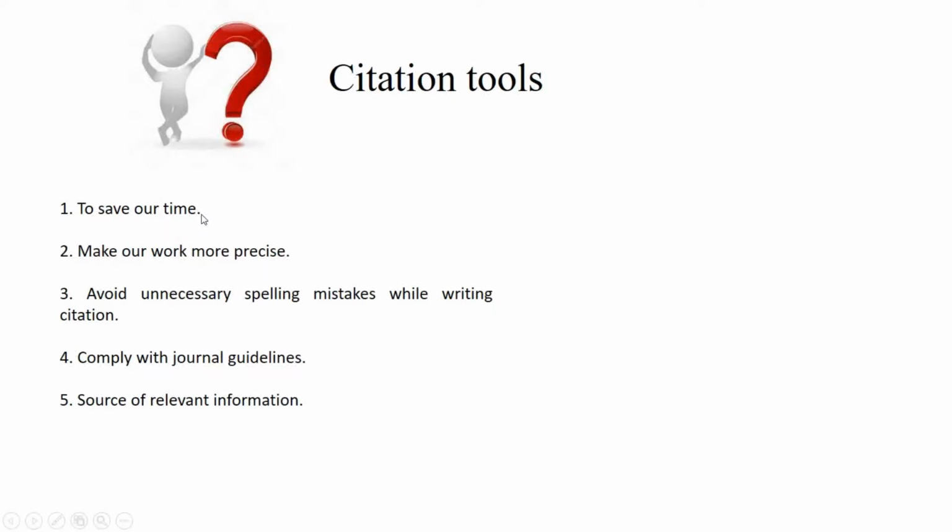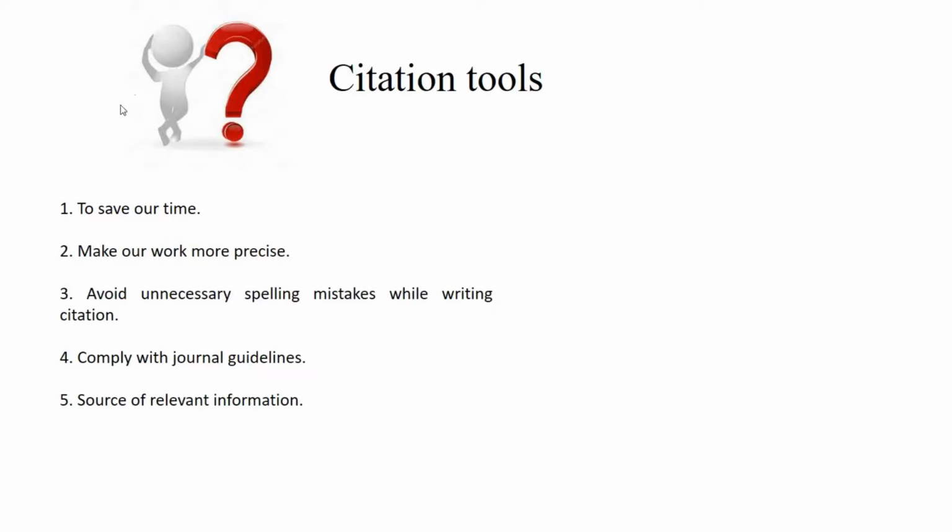So it saves time. This is the most important thing, and it makes our work more precise, because there is a high chance of making mistakes when you do the citation using the manual system. Sometimes you make a mistake even writing the names of the authors. Sometimes you skip an author, sometimes you skip a comma or full stop.